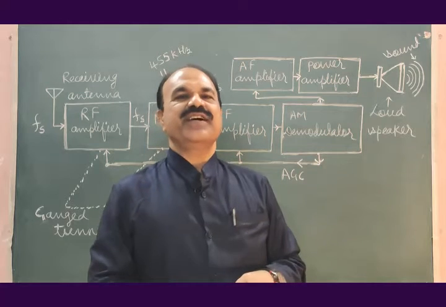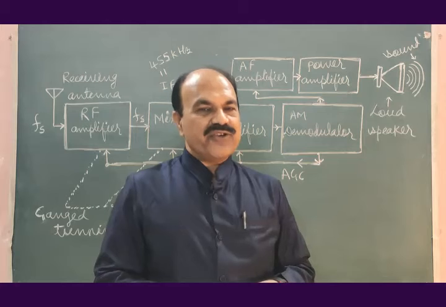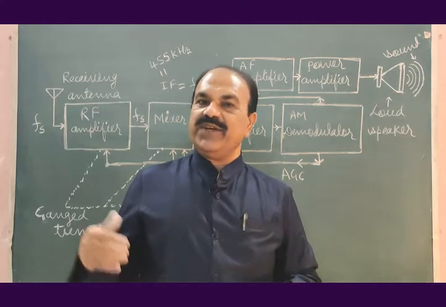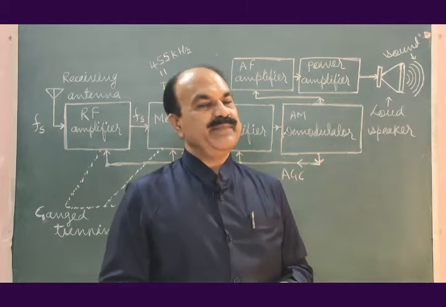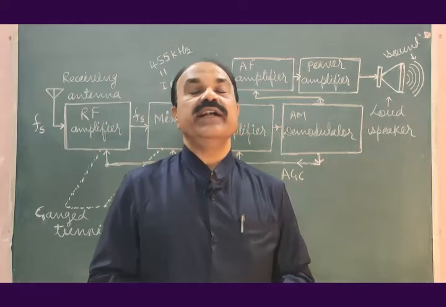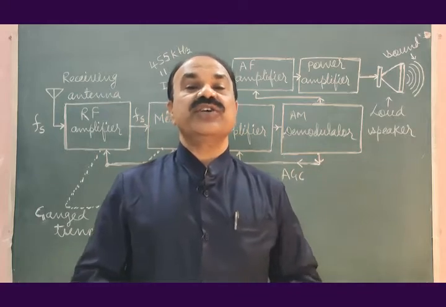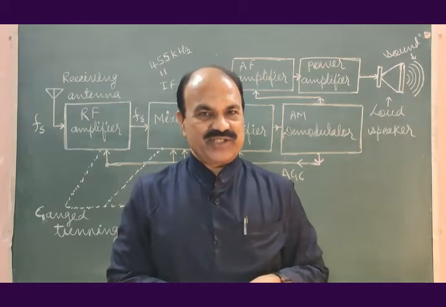Different frequencies are mixed, and a frequency different from the resonant frequency of the broadcasting station is generated by the mixer at the output, which is always 455 kilohertz for all radio stations.